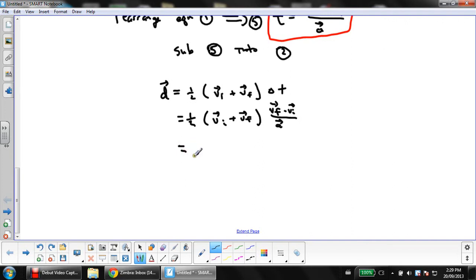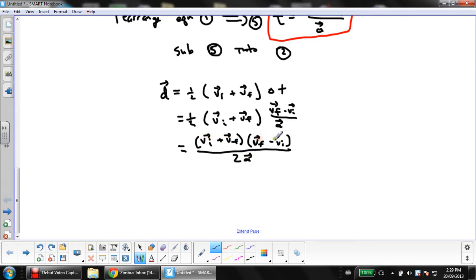I can simplify that to (VI plus VF) times (VF minus VI) all over 2A. These are all vectors.